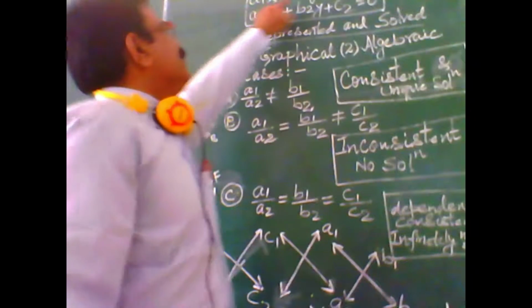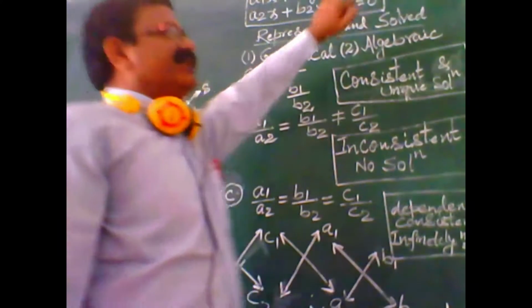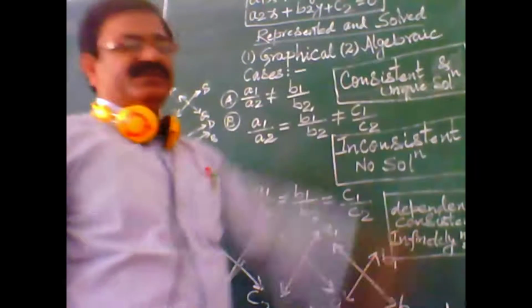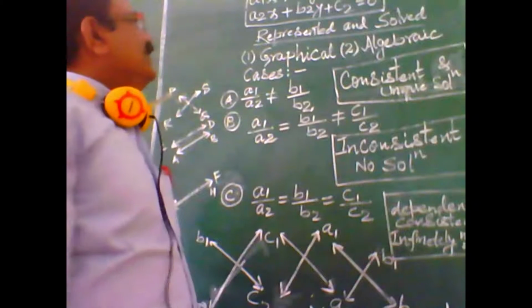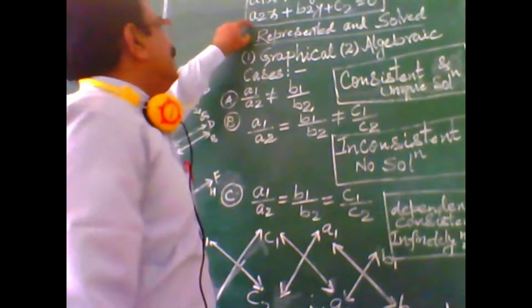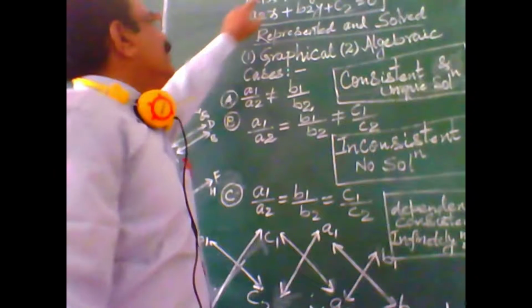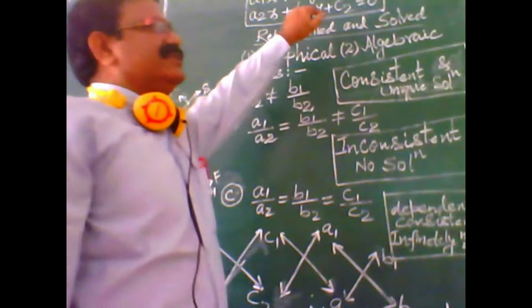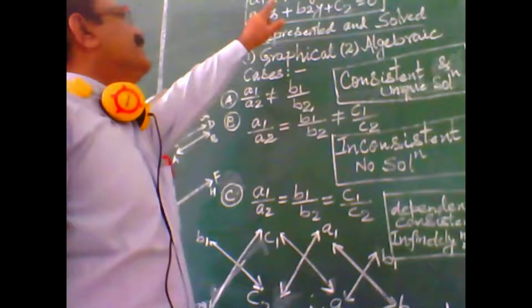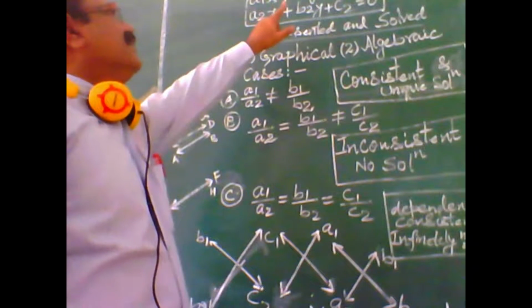a1x plus b1y plus c1 is equal to 0 and a2x plus b2y plus c2 is equal to 0. These two equations have a1 and a2, b1 and b2, and c1 and c2, which are letters of the English alphabet.